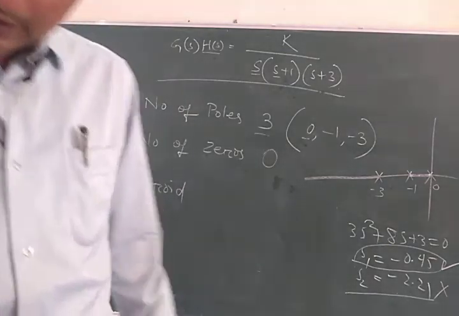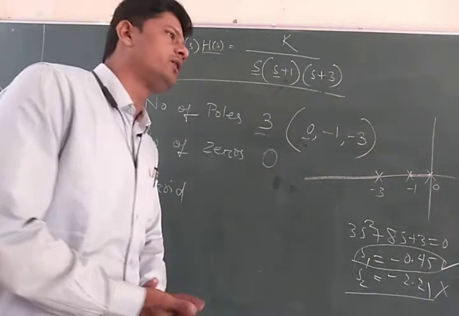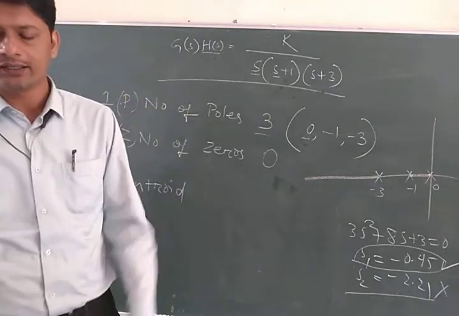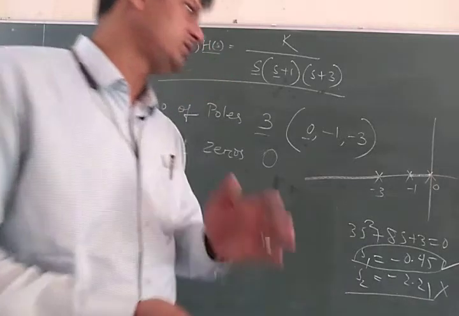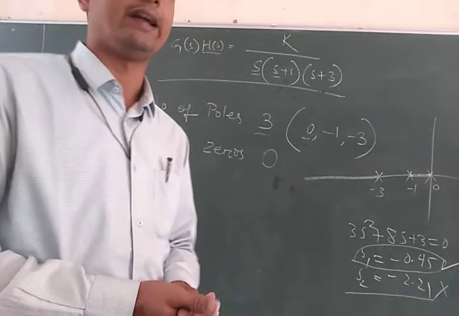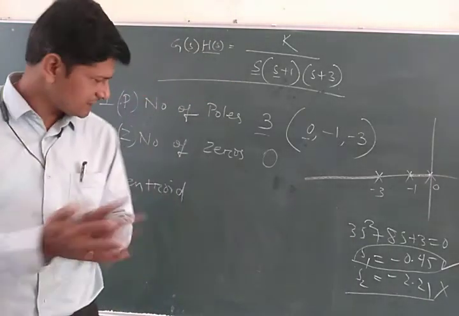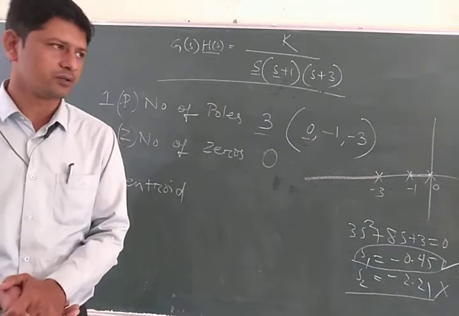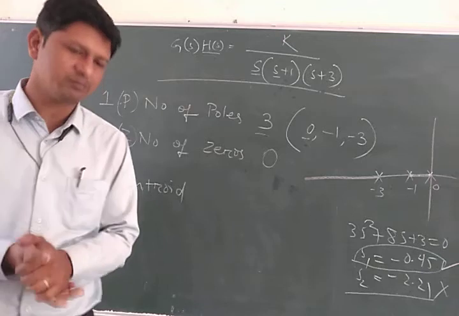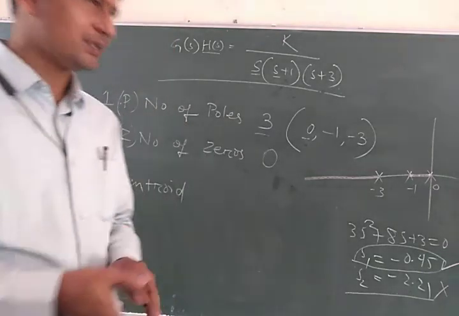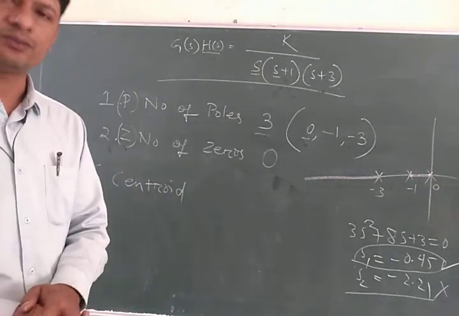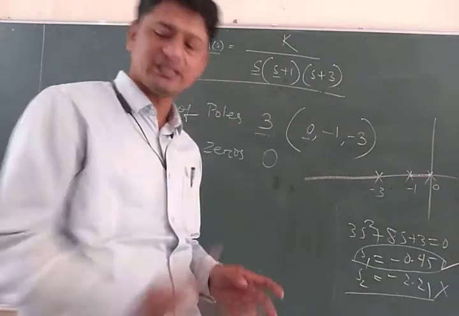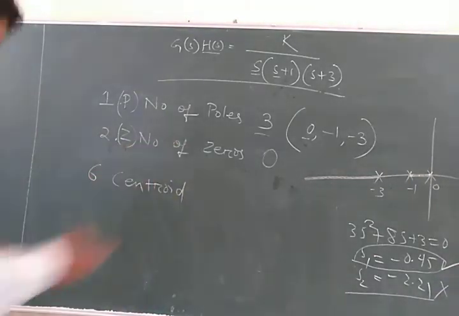It is a point from which we can draw imaginary lines, or approximation lines, which ultimately match the root locus branches at infinity, when the value of k approaches infinity. These are the theoretical parts.